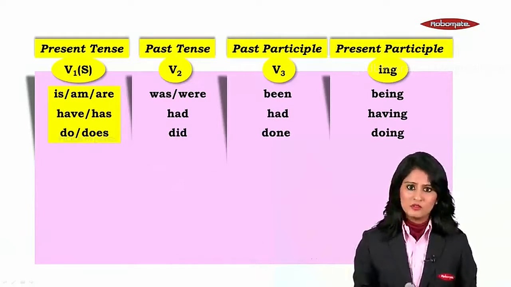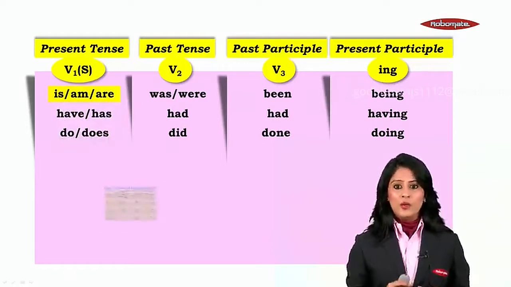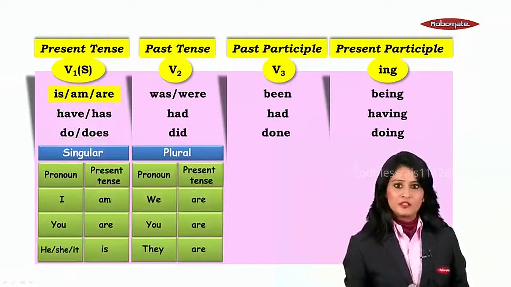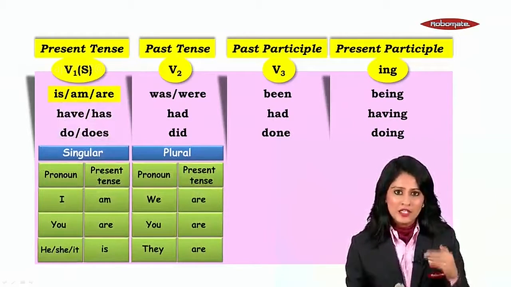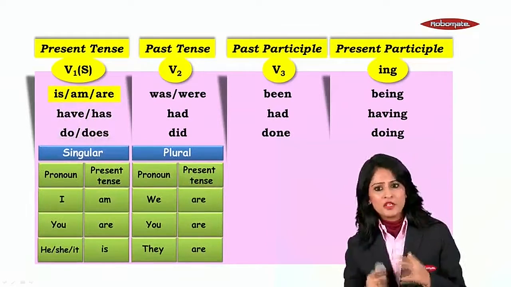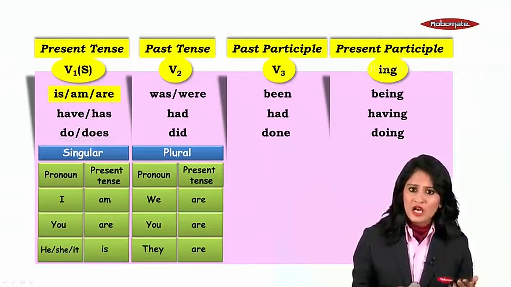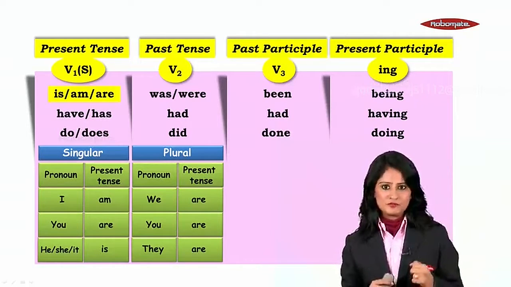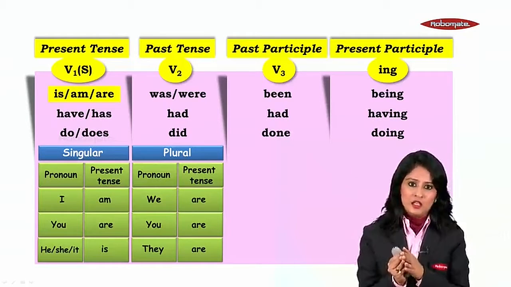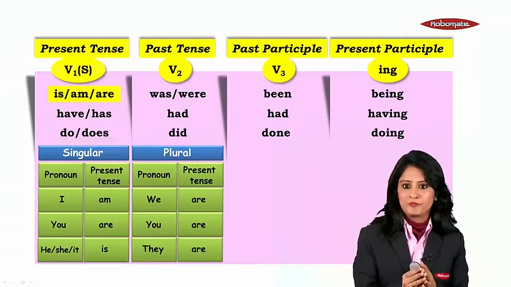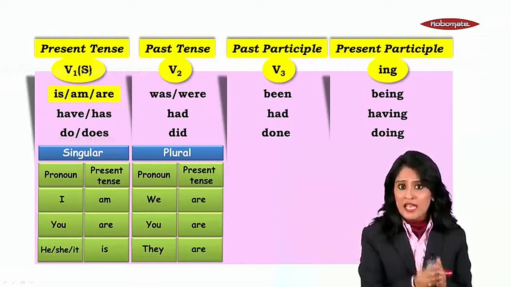So let's see how it happens. For example, the table that you can see on the screen. We have pronouns like I, you, he, she, it. And the plural pronouns are we, you, they. So suppose you want to use the subject I, you will say I am. You am, he am?